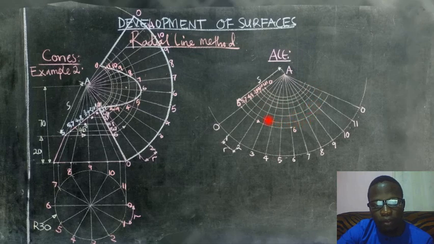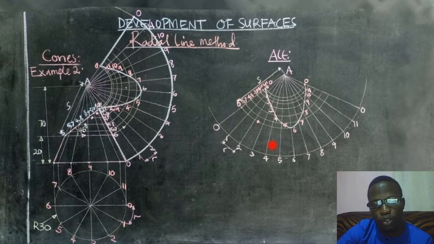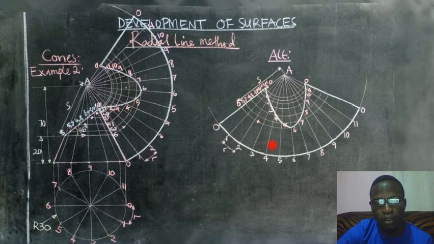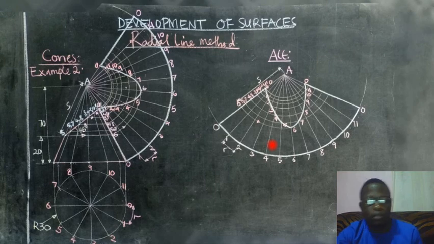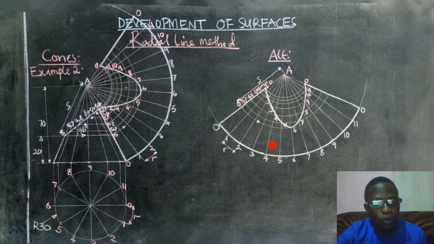And you also take the plotting as you plotted earlier on the first development here, and that's what it will give. So you join using freehand and you outline it to give you the development, and that is how you make the development of the cone when it's cut.